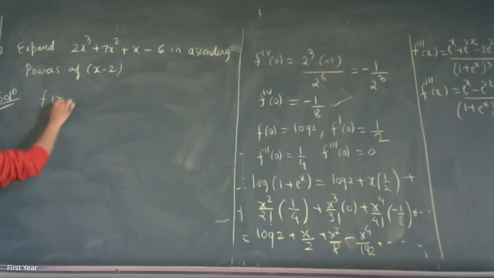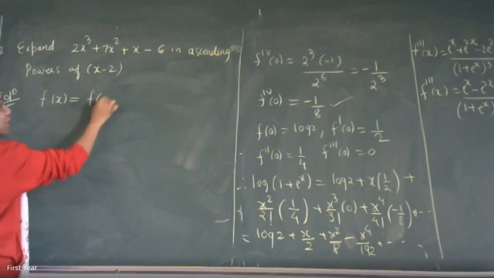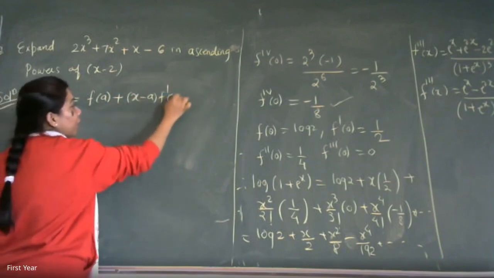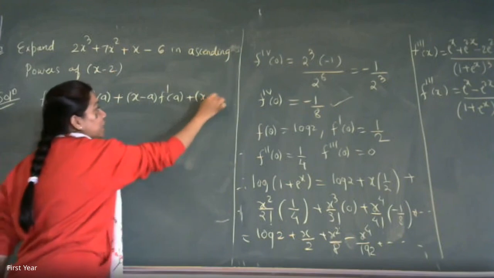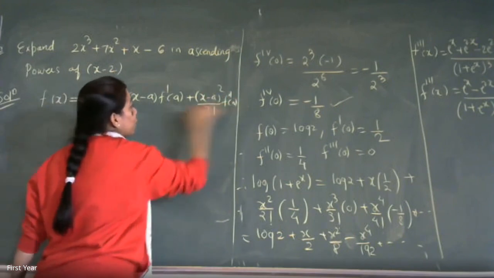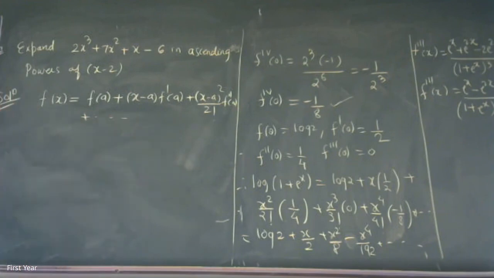The given function in ascending powers of x minus a is f of x is equal to f of a plus x minus a into f dash a plus x minus a the whole square by factorial 2 f double dash a, and so on.